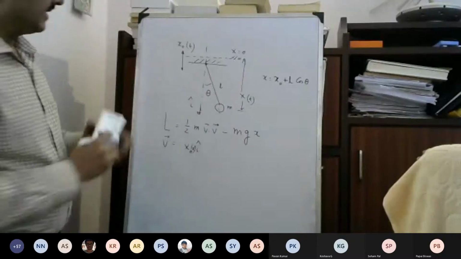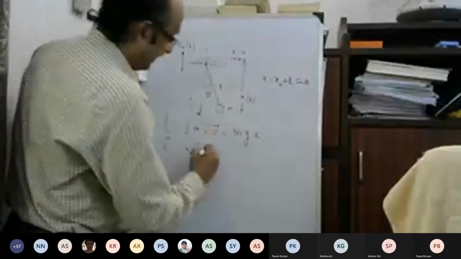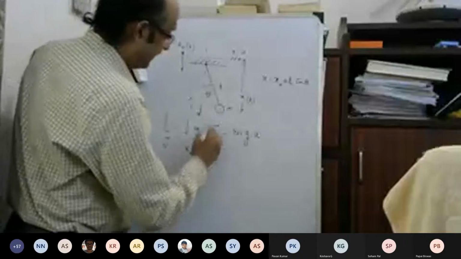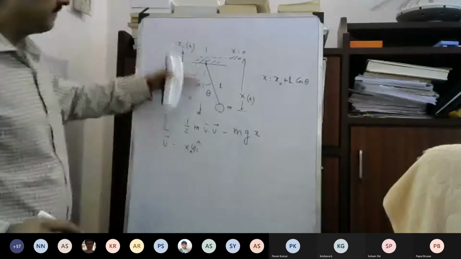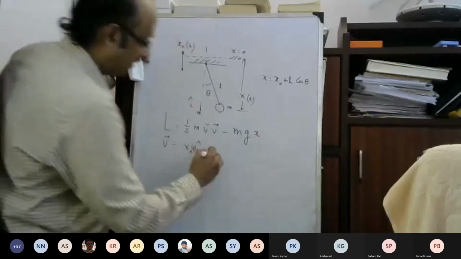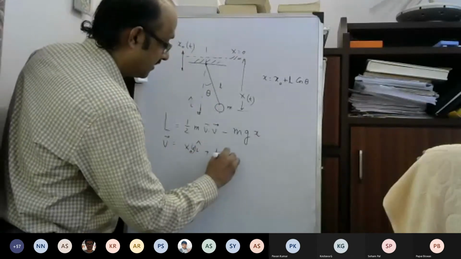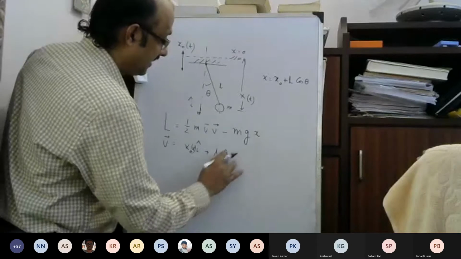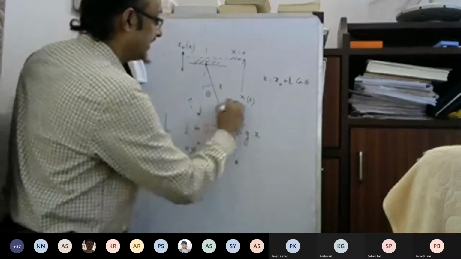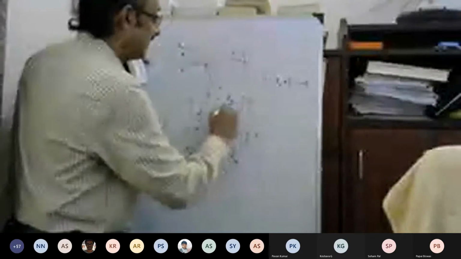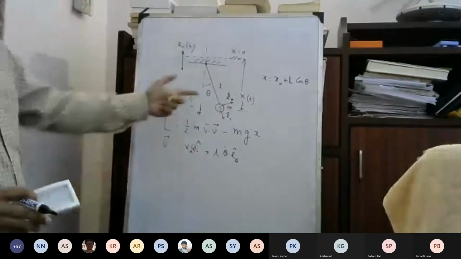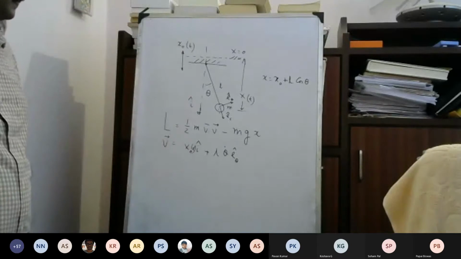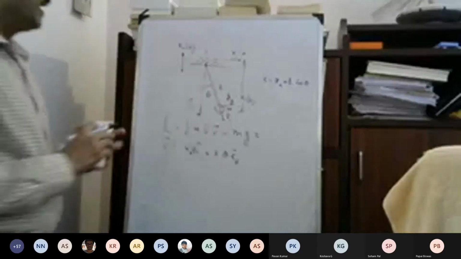And what is the relative velocity? It will be L theta dot e theta in this direction, with e r in the other direction.